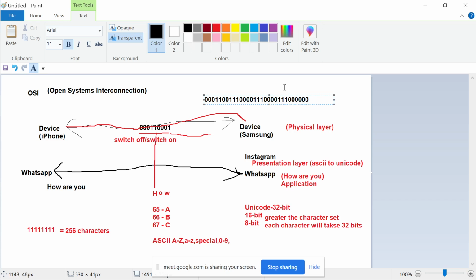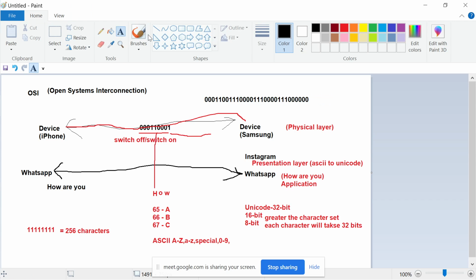So that is why you have to know which part of the data is the application layer, where it starts and where it ends, where the presentation layer starts and where it ends. So the presentation layer is surrounded around the application layer and the presentation layer is surrounded by the session layer.